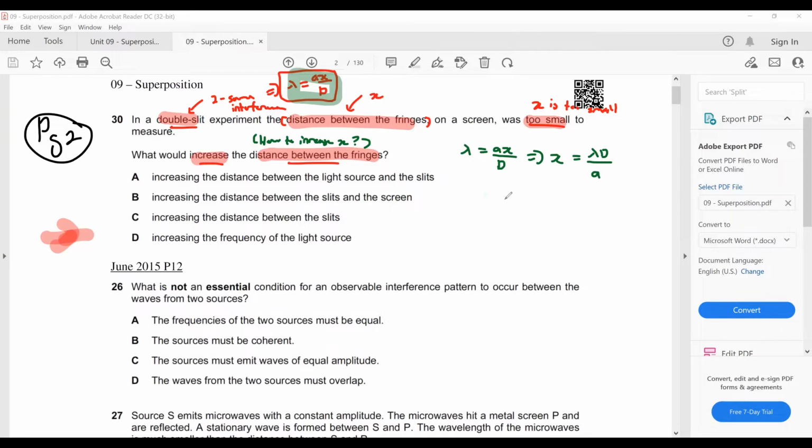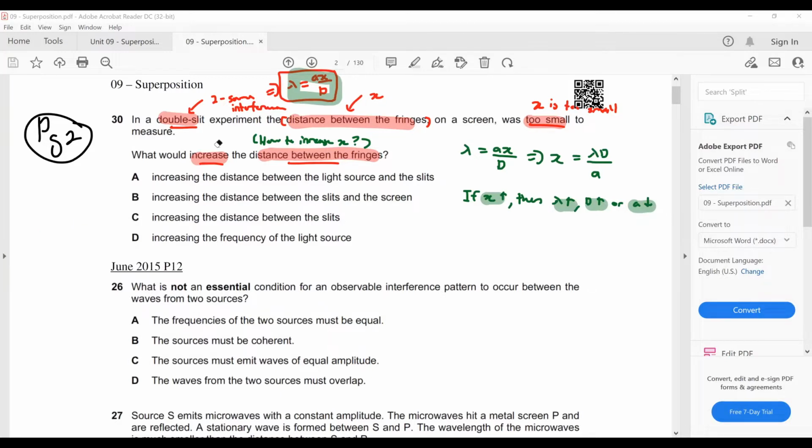Right now from here you can see that for x to increase, either lambda increases, D increases, or a decreases. Either one of these changes must occur. All right, so let's look at the answer choices one by one.